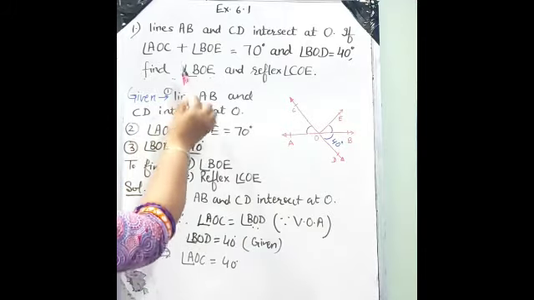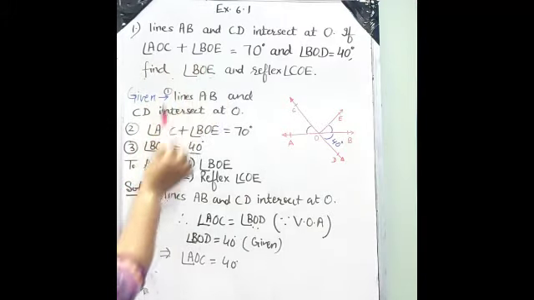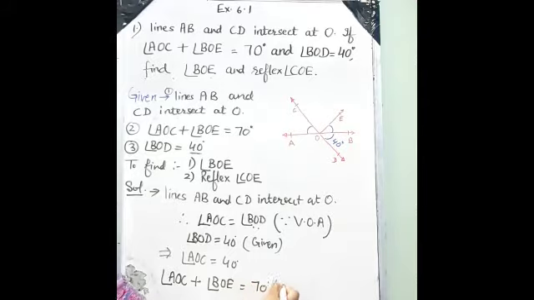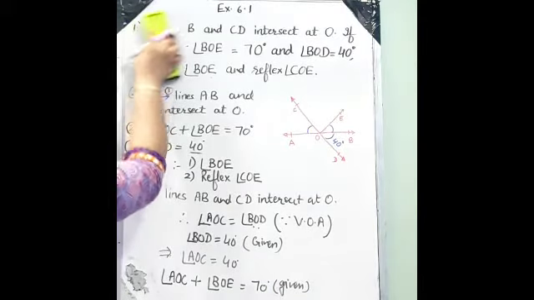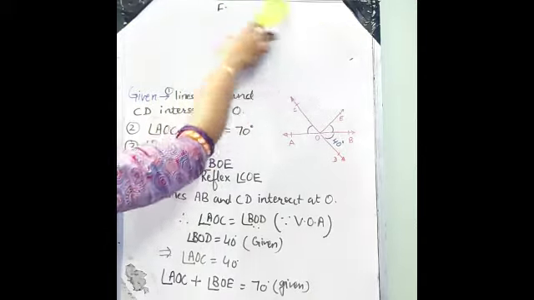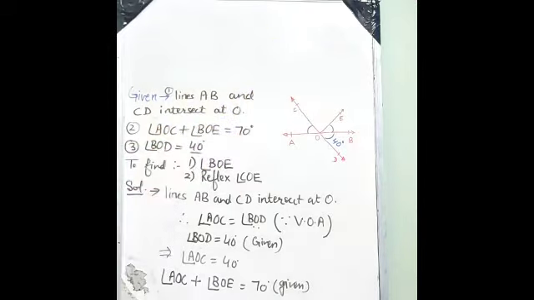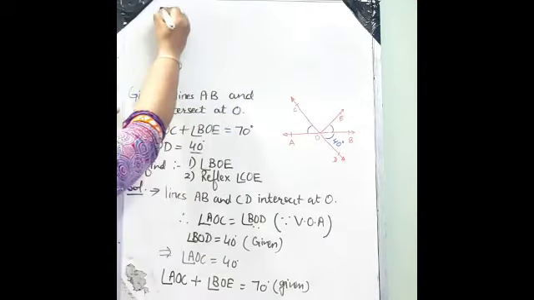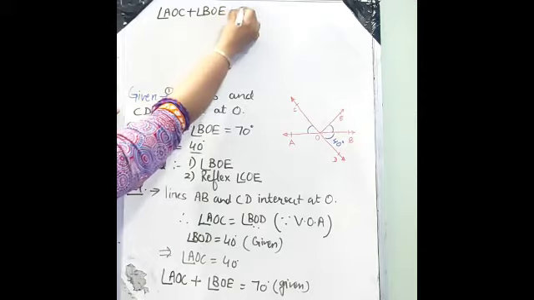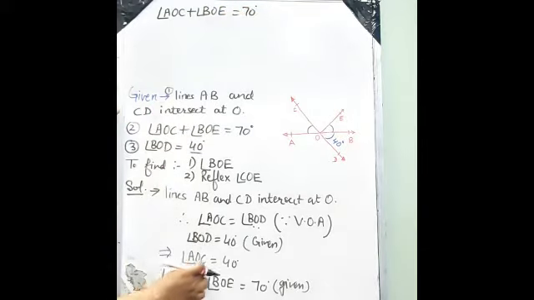Now in the second condition, angle AOC plus angle BOE equals 70 degrees, it is given. Now put the value of angle AOC.